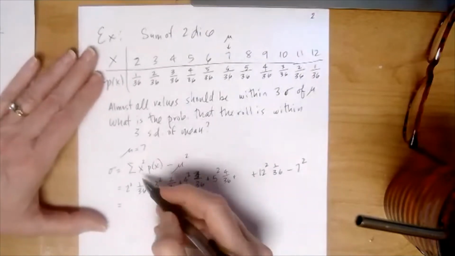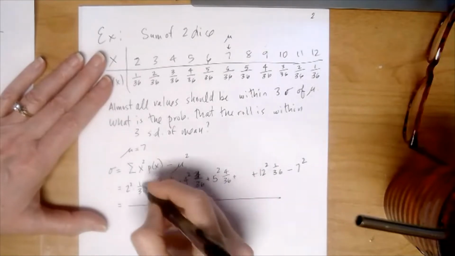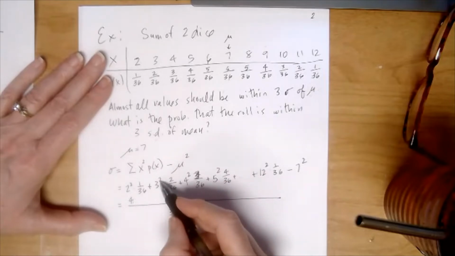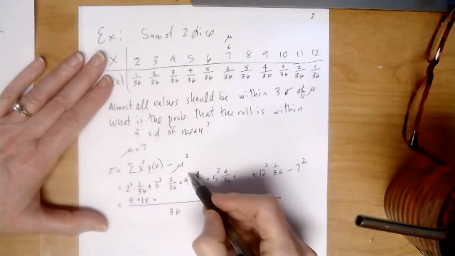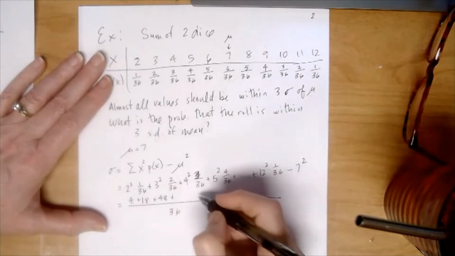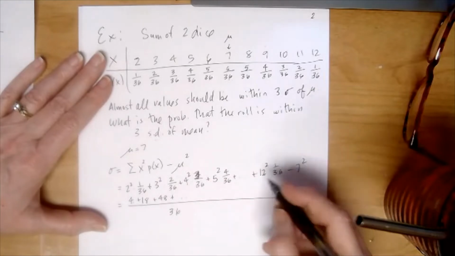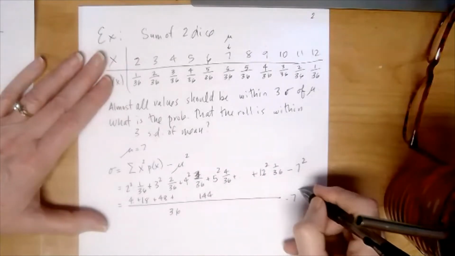Okay. So I'll have, this is all this over 36. And I have 4, 2 squared, and I've got 3 squared, 9 times 2, that's 18. Now I got 16 times 3, that's 48. Plus, and again, dot, dot, dot, I'm going to have 12 squared, that's 144. Minus 7 squared.